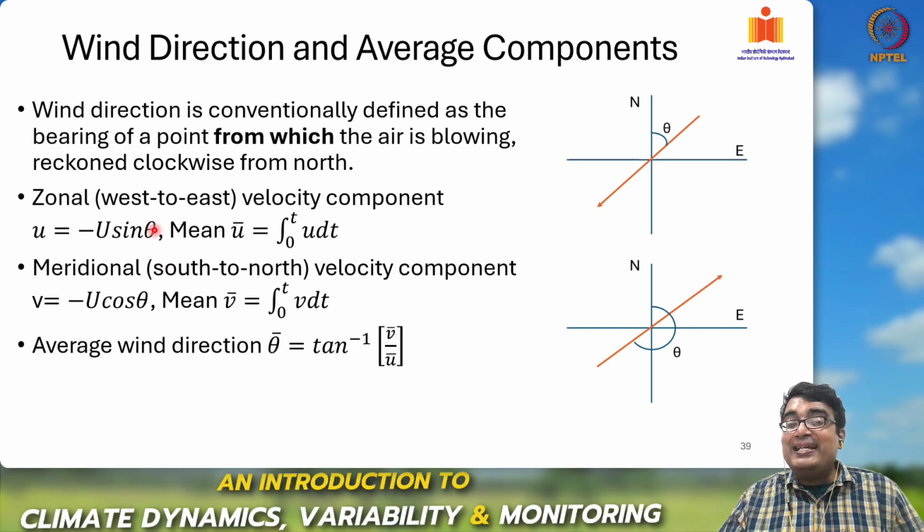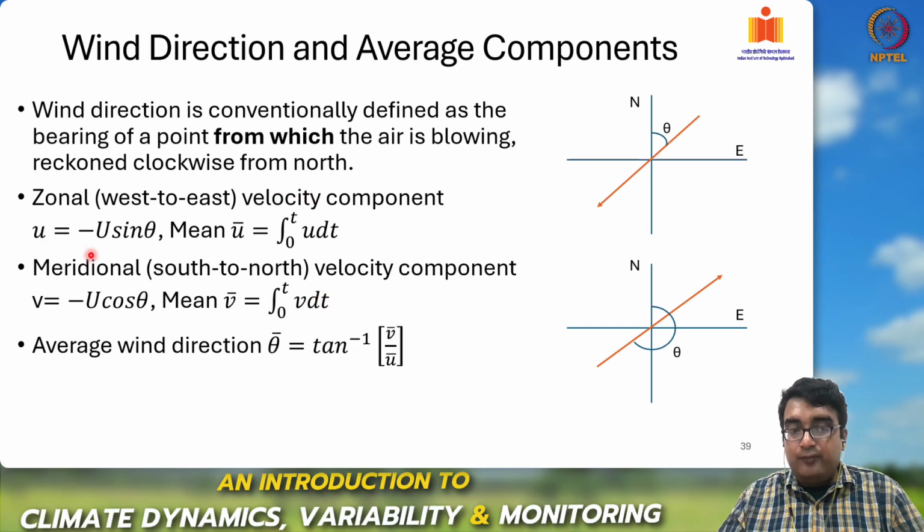Here sine theta is negative, so the negatives cancel and you will get positive u sine theta, and cos theta is also negative, so you get a positive value of u cos theta. Okay. So, you can do it yourself and see that this formula is valid for all possible cases of evaluating zonal and meridional velocity components.